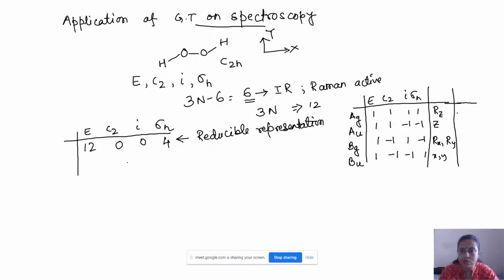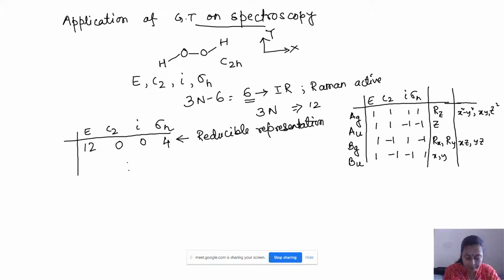So this is x square minus y square, xy, this is xz, this is yz, and here z square, x square and y square will also come. So this is the complete character table of the C2h molecule.